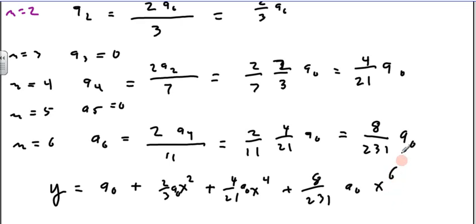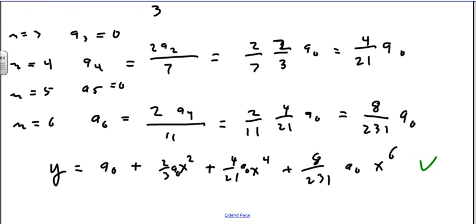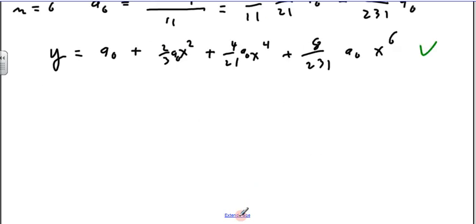And if we look in the back of the book, we see that that checks, so we will move on to the second case. And the second case is case 2.